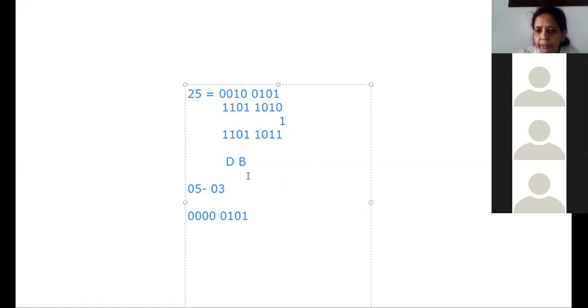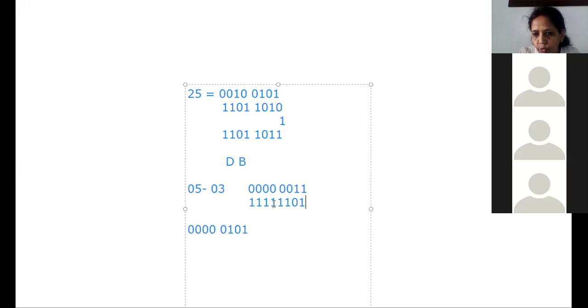The 2's complement of 3, what is 3? 3 is nothing but 0, 0, 0, 0, correct? 0, 0, 1, 1 is 3. So what will be the 2's complement of it? It will be nothing but 1, 1, 1, 1, 1, 1, and then it will be 0, 0, and I am going to add 1 to it.